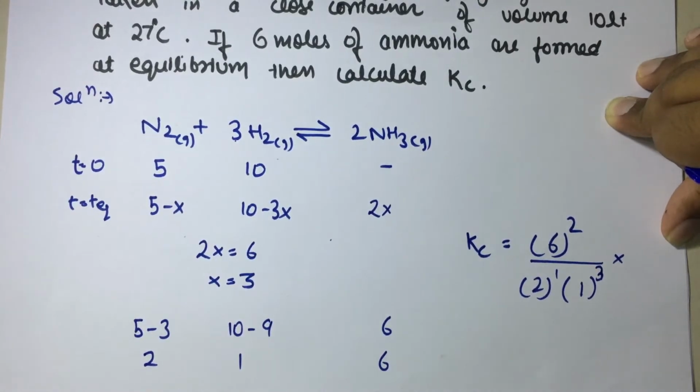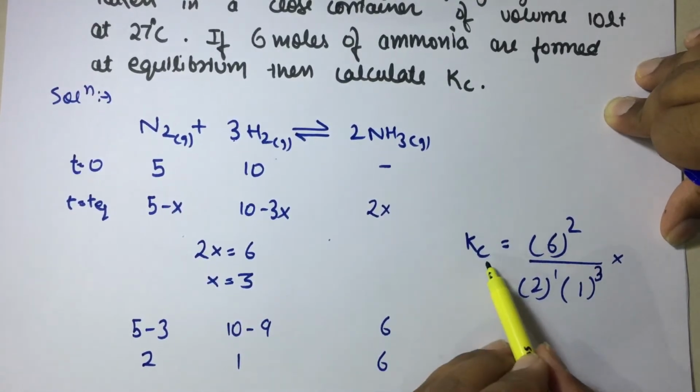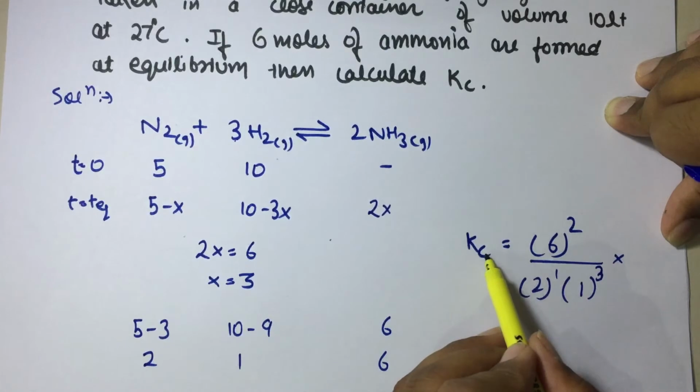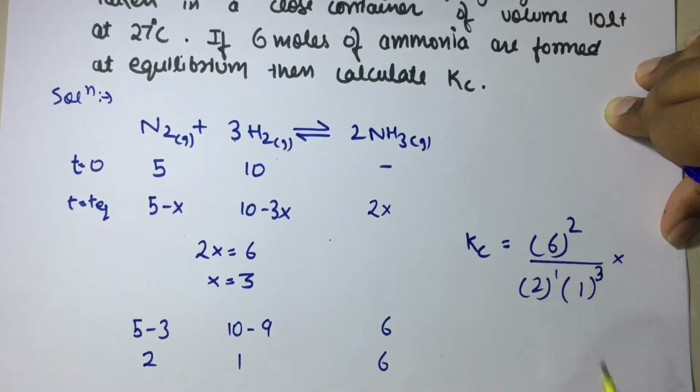Now tell me, is it the right expression for Kc? No, it is not, because we have written moles here, but in Kc we have to write concentration, so we have to multiply volume either in the numerator or in the denominator.